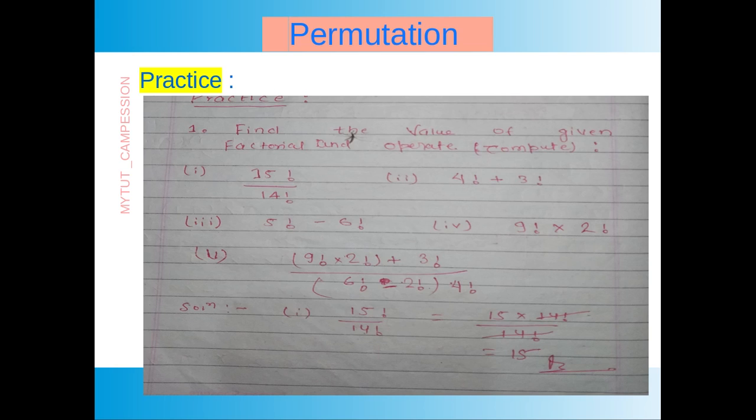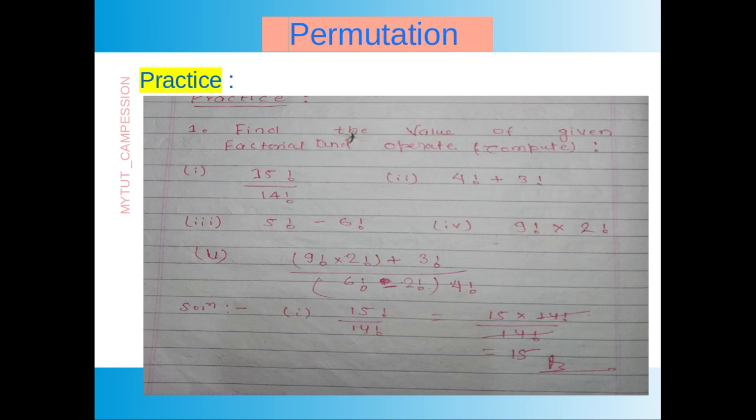Now I have done one for you. First question is 15 factorial by 14 factorial. You can deduct 15 factorial up to 14 factorial: 15 into 14 factorial. Now 14 factorial gets cancelled. Or you can expand this term: 15 into 14 into 13 into ... up to 1, and similarly expand 14 into 13 into 12 into ... up to 1.